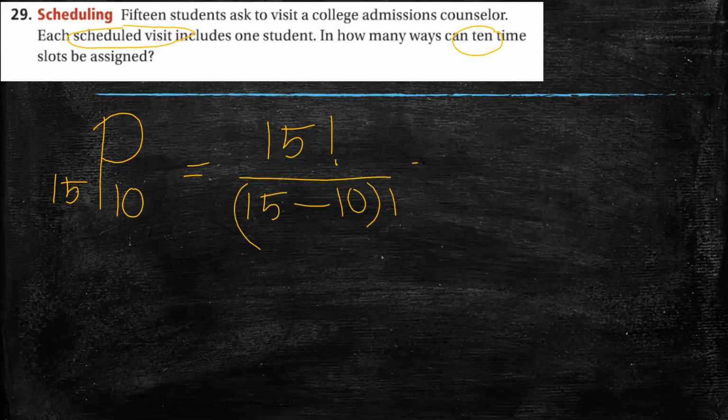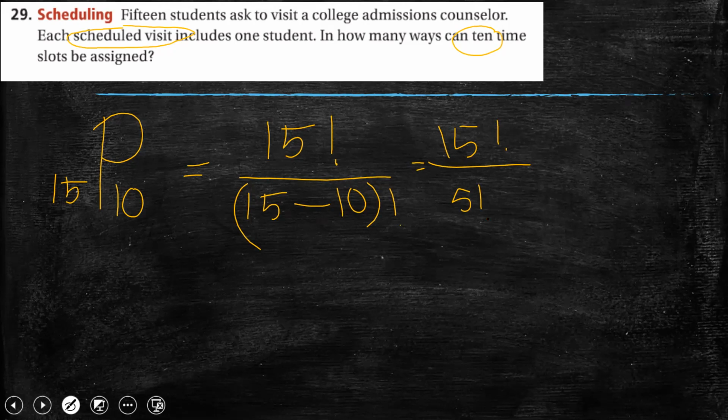Exactly. Which is 15 factorial over 5 factorial. If you try it on a calculator, 15 factorial is a big number. So the answer will be 1.089 times 10 to the power 10 ways.